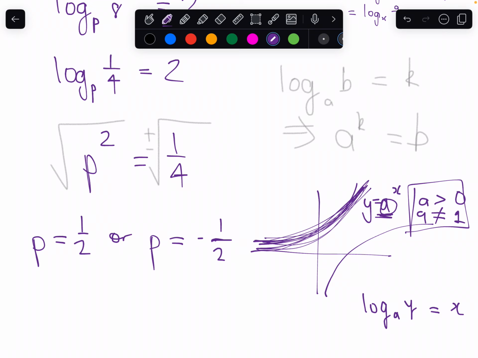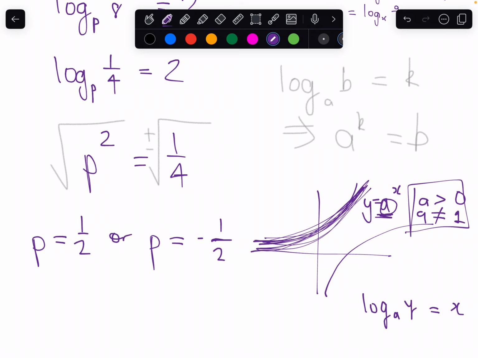Let's see what someone says. I can understand it not always having solutions. If you have log base negative 2 of some crazy number, it won't always give you real numbers, the same way that negative 4 to the power of some numbers doesn't evaluate to real numbers.